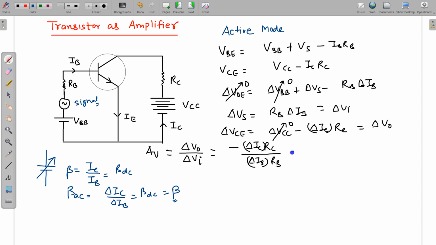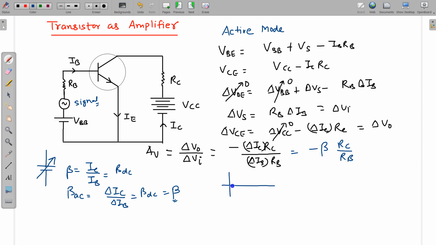So this is minus beta RC by RB. We can choose RC and RB such that the voltage is amplified, and this is the voltage amplification factor. So AV is equal to minus beta RC by RB, and this minus represents that delta V0 and delta Vi are in opposite phase. So input and output voltages are in opposite phase, as there is a minus here.